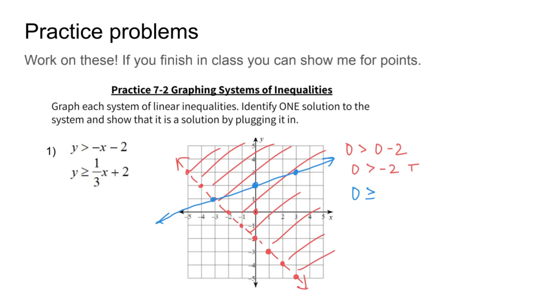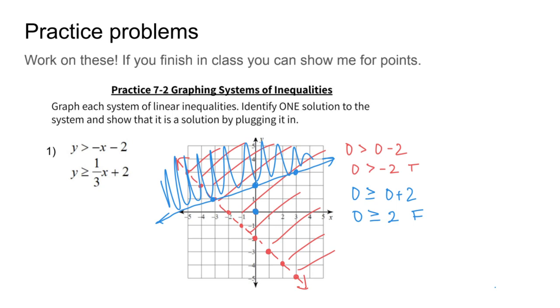So it's just going to be 0 plus 2. So 0 is greater than or equal to 2. That is a false statement. So here was my test point, which means this entire side is false, which means I'm going to shade above my line. So my intuition in the beginning was correct.